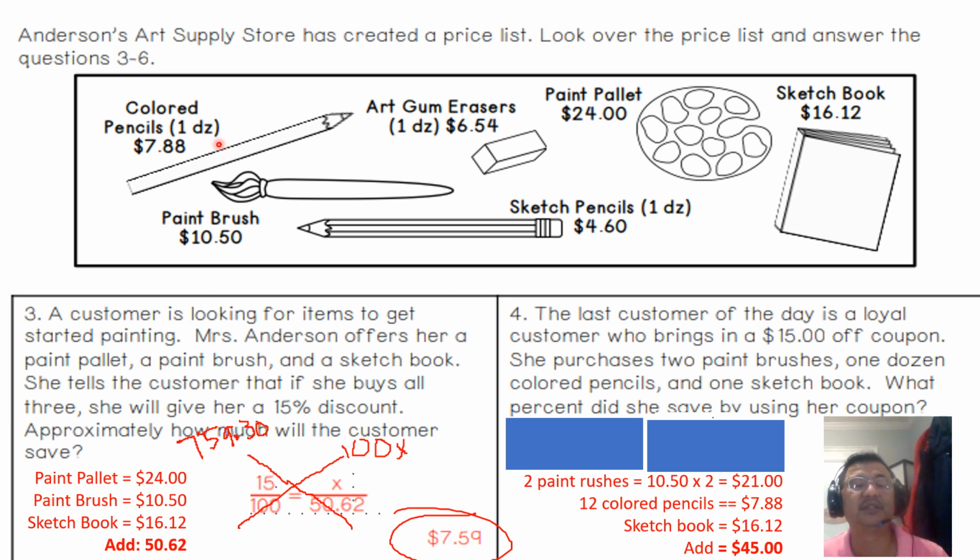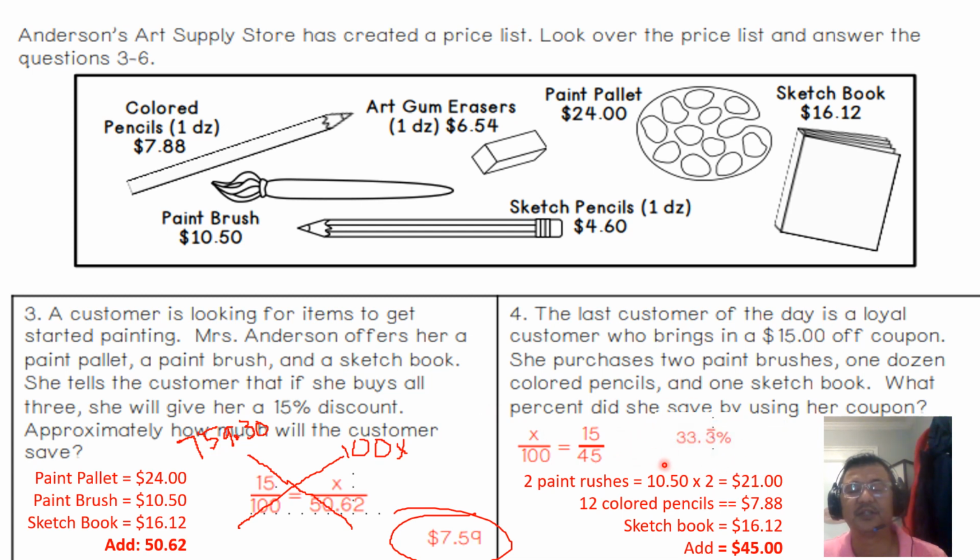It's already 1 DZ, that means 1 dozen. It's 7.88. There you go. What else? 2 paintbrushes, we got that. And a sketchbook, just one of it, 16.12. The total is 45. Okay, let's set up our proportion. So 15 and 45. This is the part, and this is the whole. Set up your proportion: x over 100, part over whole. Cross multiply and then divide. You're going to get 33.3%. Got it?